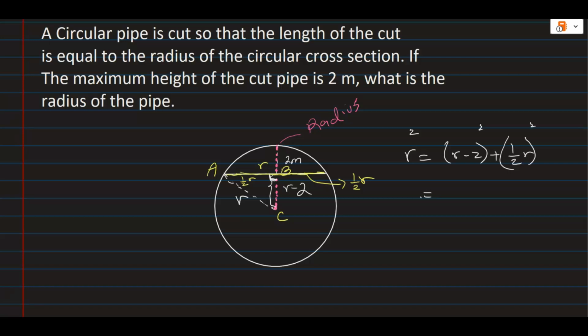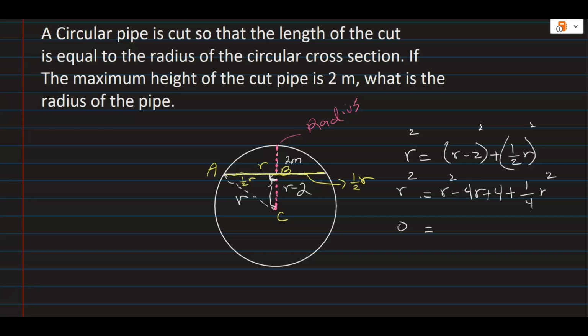Excellent. So now we're going to expand. We have r squared on the left hand side. This becomes r squared minus 4r plus 4 plus a quarter of r squared. All right, when we simplify this, r squared minus r squared is 0.